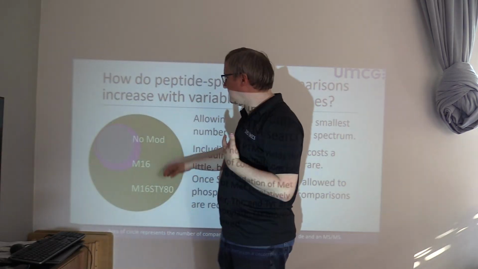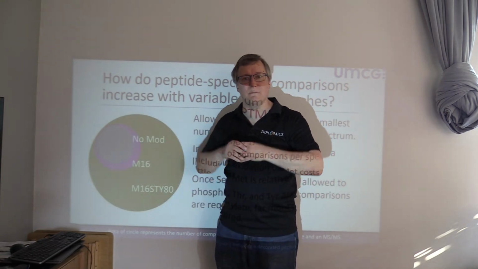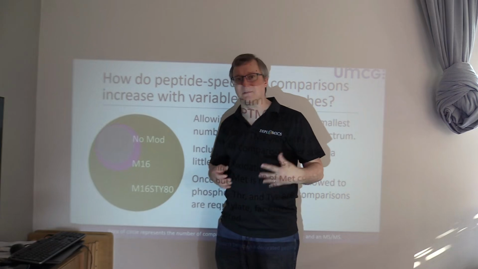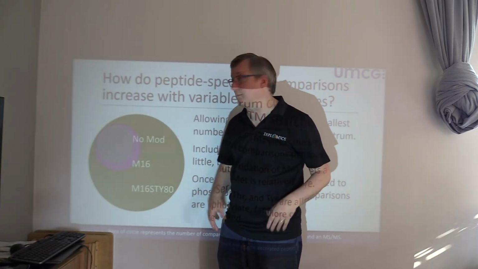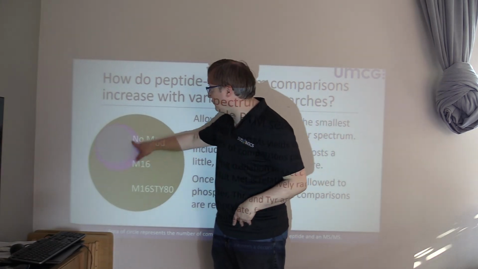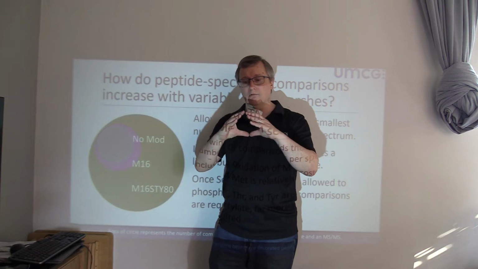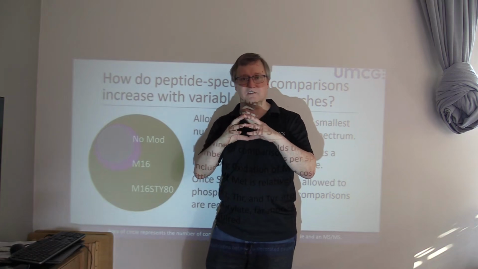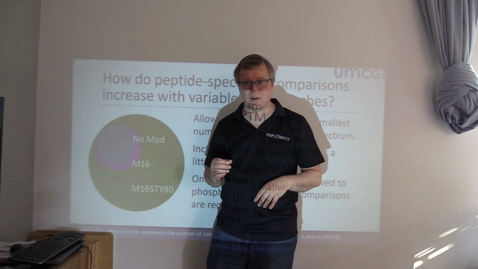Now, this is a little problematic because, as you can tell, it can dramatically expand how many peptide sequence decorations we have to consider in identifying peptides. So if we were to perform a no modification search, this teal ball represents how many comparisons we are making of a sequence to any of the spectra.